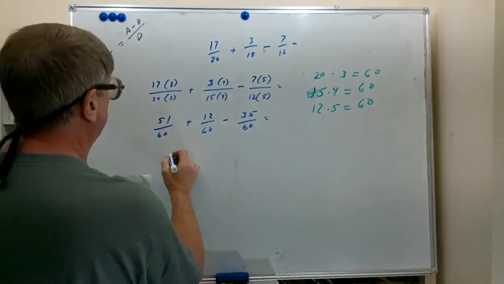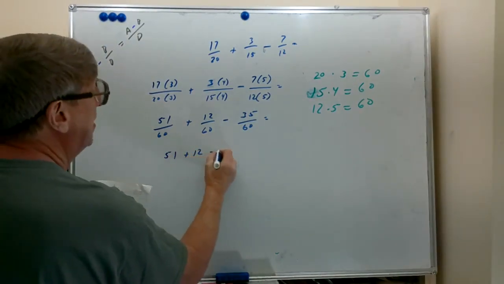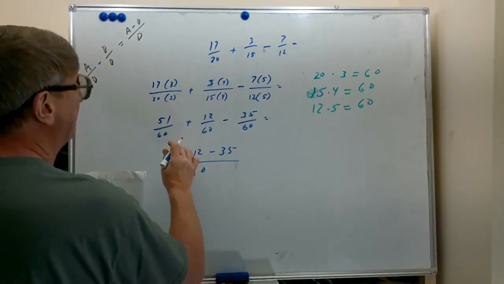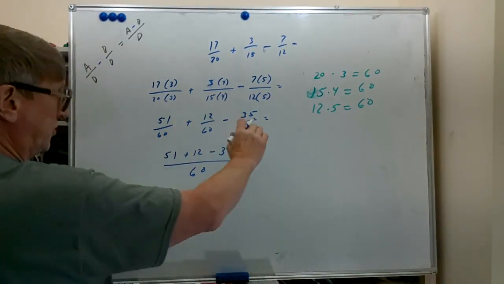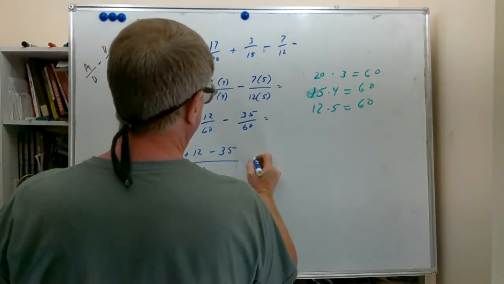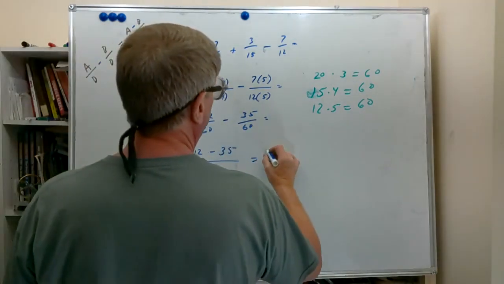So what we could do is just go 51 plus 12 minus 35 all over 60. Now that we have the same denominator, we can just work across the numerator. And that ends up being 28 over 60.